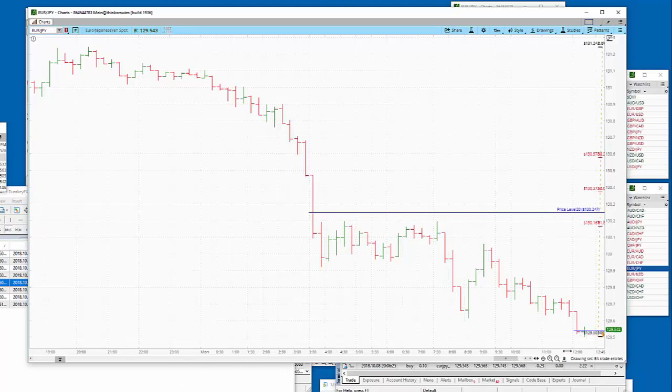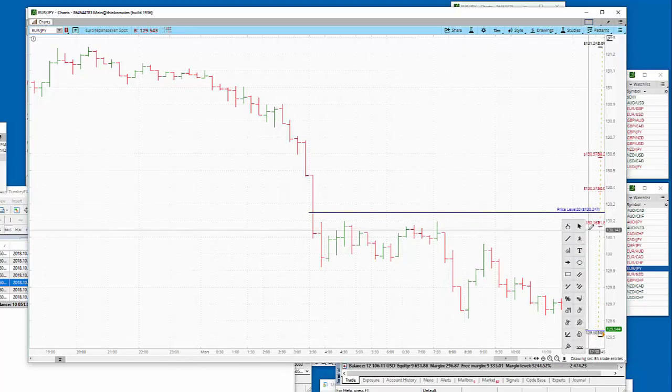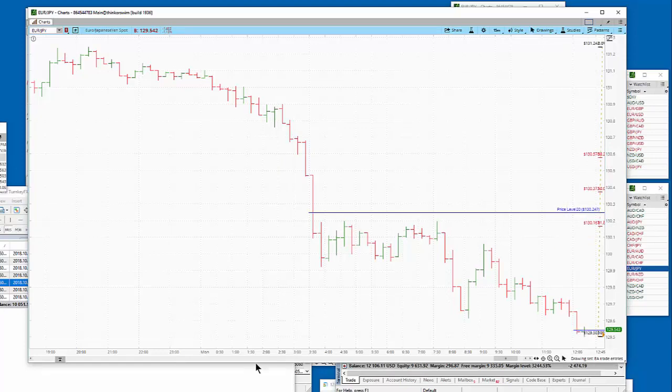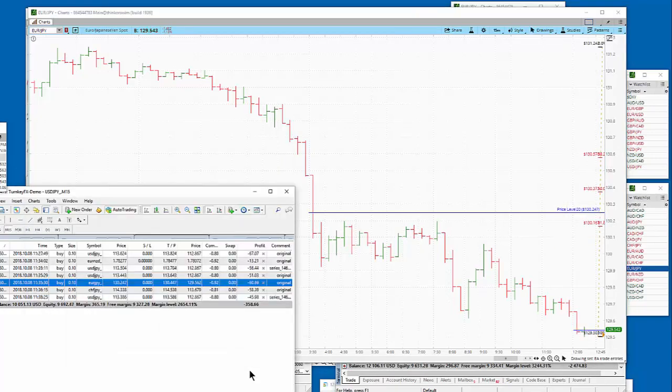Okay, now here's how we kind of figure out what we think we need to do about these trades. Well, it looks like we don't have to worry about this one anymore, because let me show you what happened.